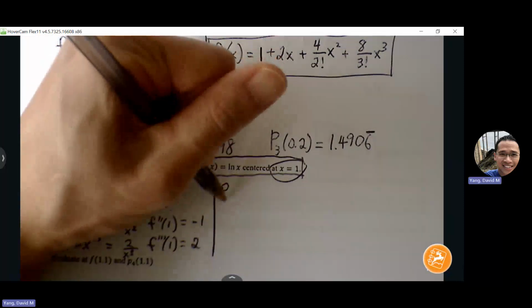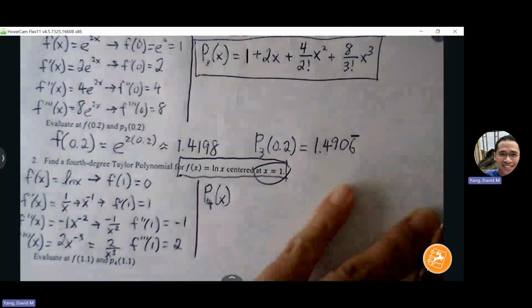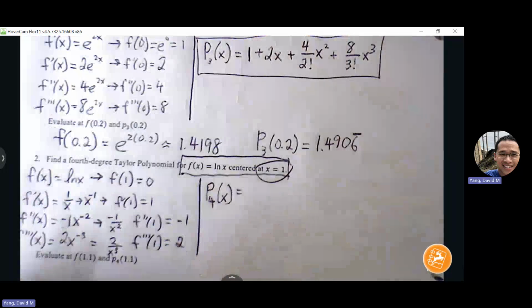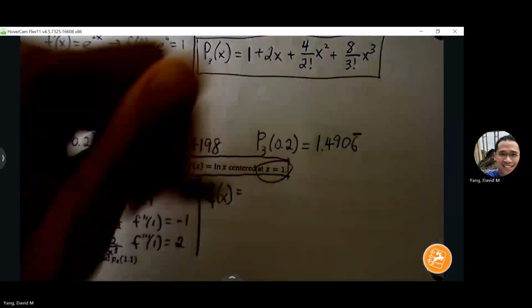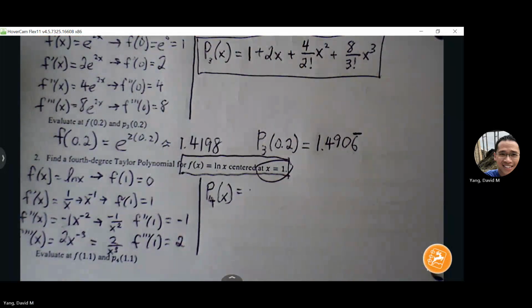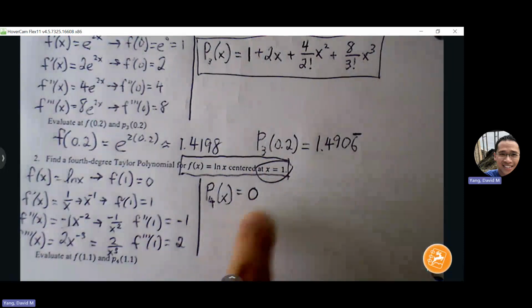So we'll do p sub 4 of x, the fourth degree polynomial. It's only going to be an approximation. We only have information up to the fourth derivative, but we start off with our y value, which is 0, right? Because it's going to match the points.